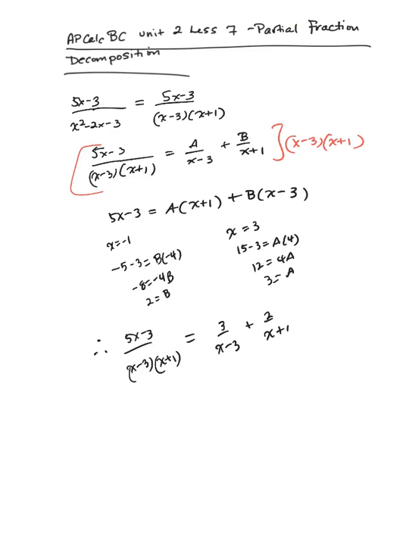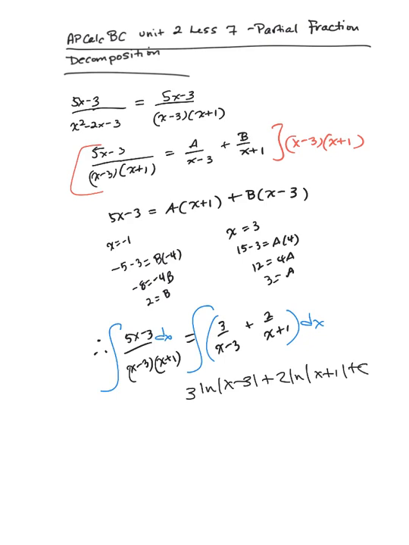So if I asked you to integrate this dx, you would instead decompose and integrate this, which would now become 3 ln|x - 3| + 2 ln|x + 1| + C.